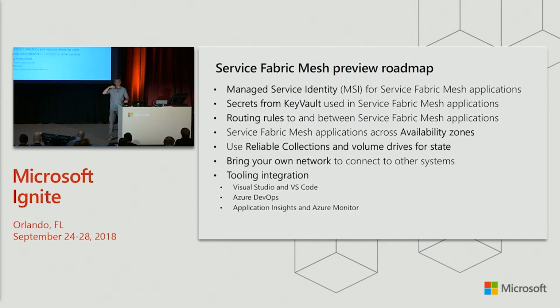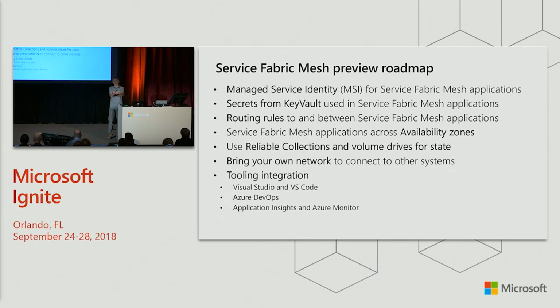In our preview, as we look at our roadmap for Mesh, we're doing many of the things I talked about in terms of the developer roadmap and the resource model built into the actual Mesh applications you build, including identity for the service, putting secrets from the key vault, and routing rules to be able to send messages between the services that you've deployed inside your Service Fabric Mesh, taking advantage of the collections.